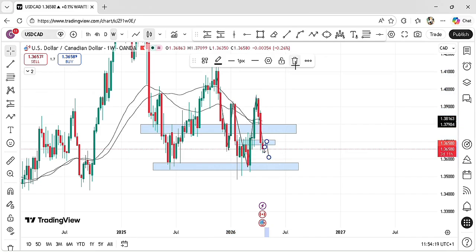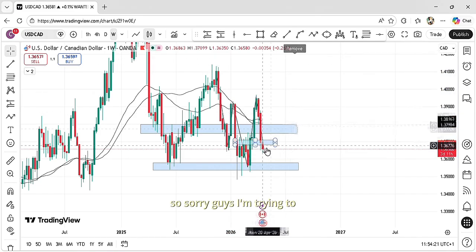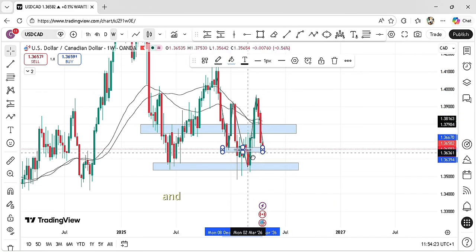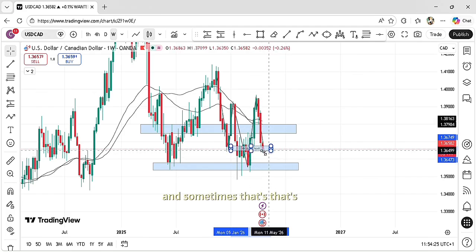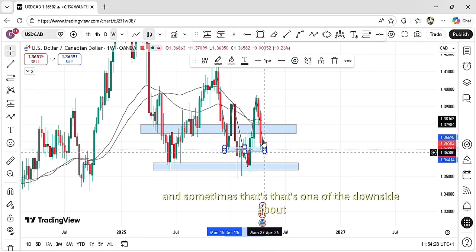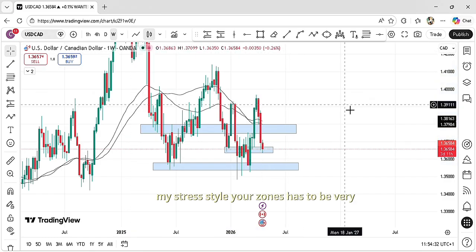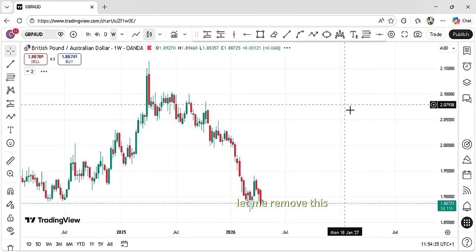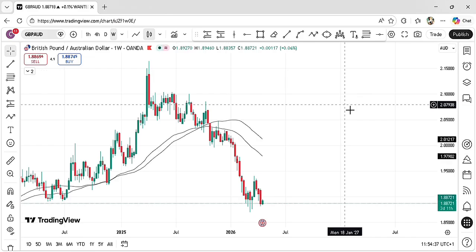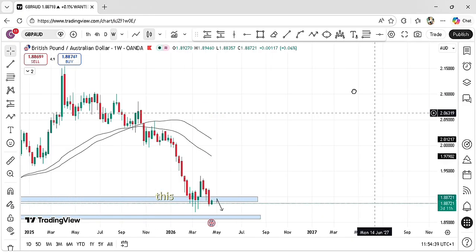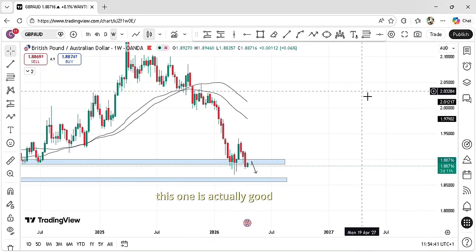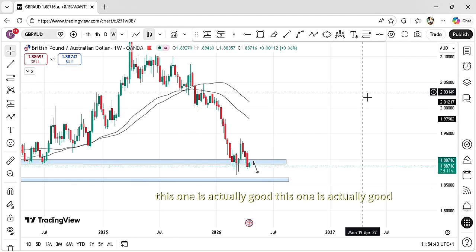Wait. Sorry guys. I'm trying to draw my zones well, and sometimes that's one of the downsides about my style. Your zones have to be very, very good. Alright, let me remove this. Yes, this zone is actually good. This one is actually good.